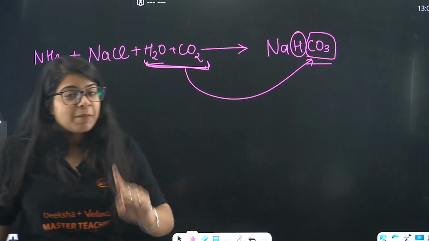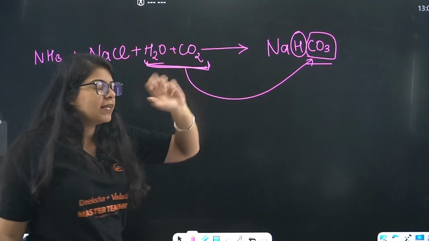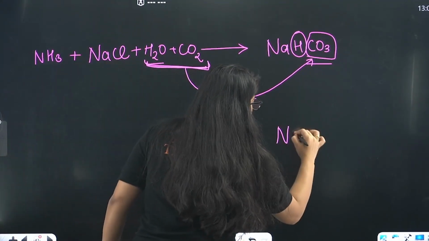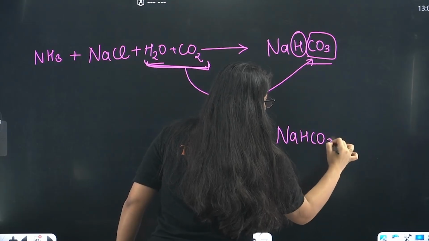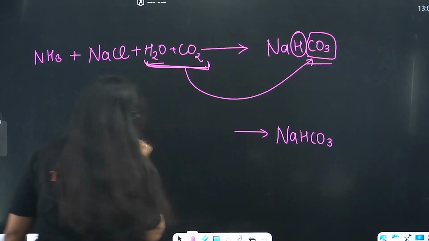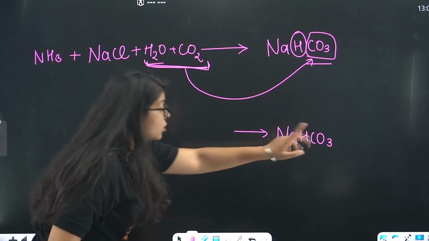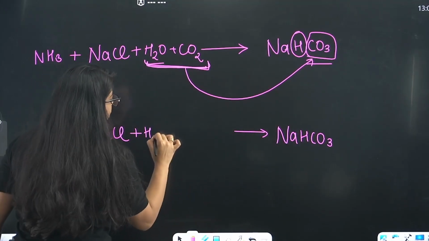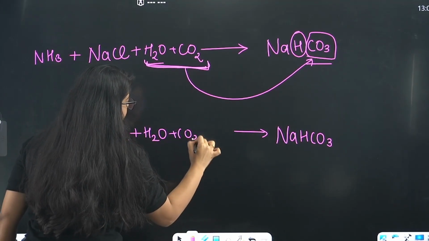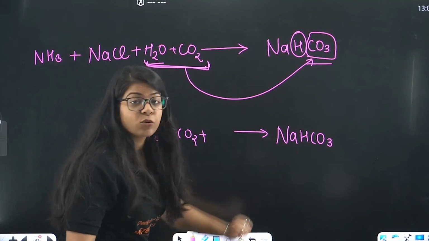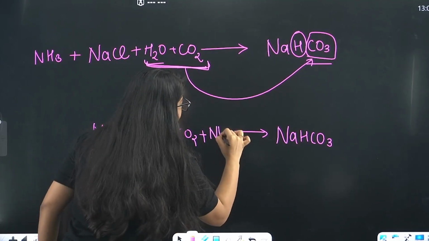So you remember the exact formula NaHCO3, you write it down on the product side. Now ma'am, we need Na, that we will get from NaCl. Now HCO3, ma'am, CO3 comes from water plus carbon dioxide. Plus ma'am, we need hydrogen as well. Where will we get that from?